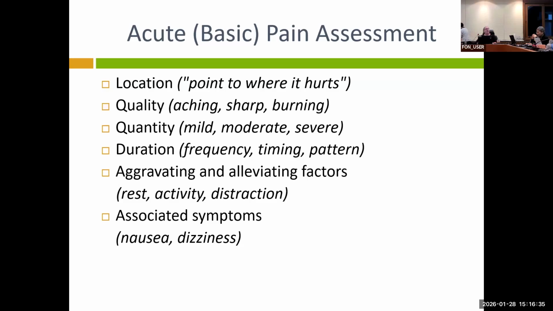And then also you want to know about the duration, the frequency, how often this happens, the timing. Is it short? With an aching or a burning, it might be long, because that's more continuous. If it's sharp stabbing, and then the pattern, okay, I have my pain every morning when I wake up.